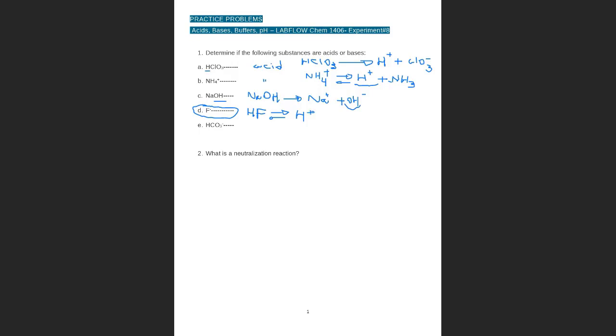Very good. It is a base. Exactly, because it is the conjugate base of the acid. So you can add the H, and if this is the acid, this is the conjugate base. So it is a base. Exactly. Very good. How about E?